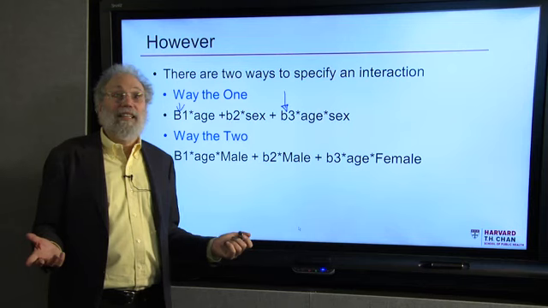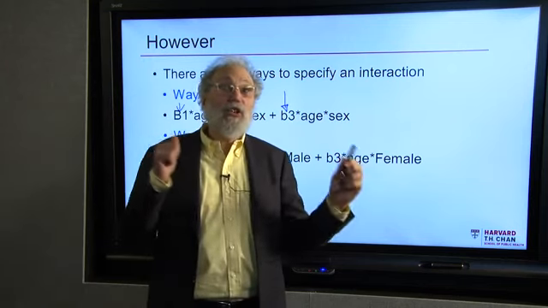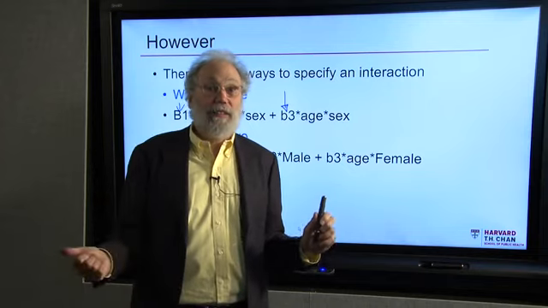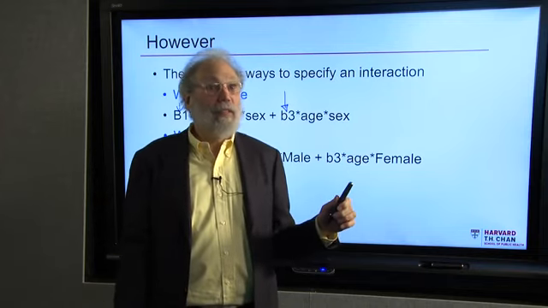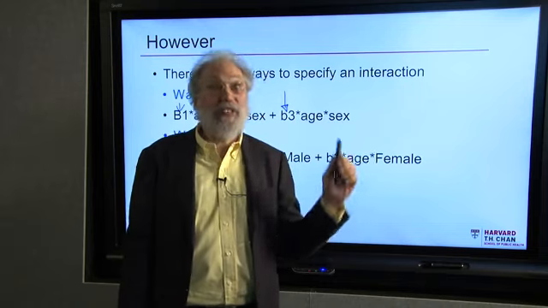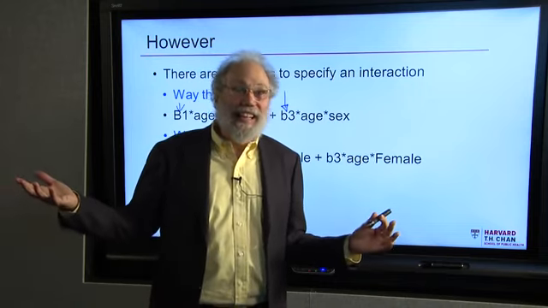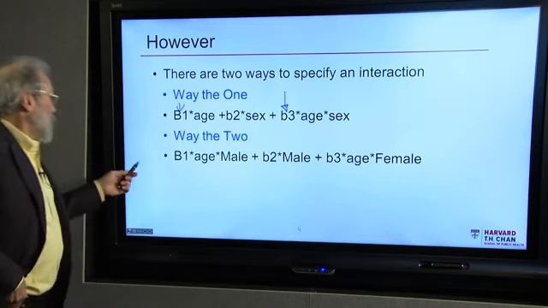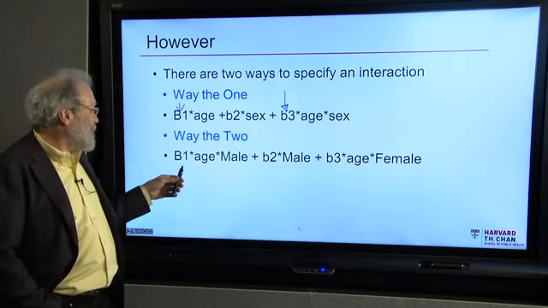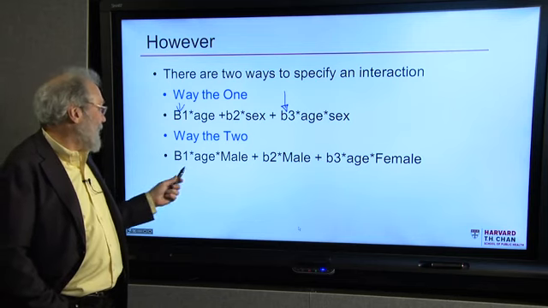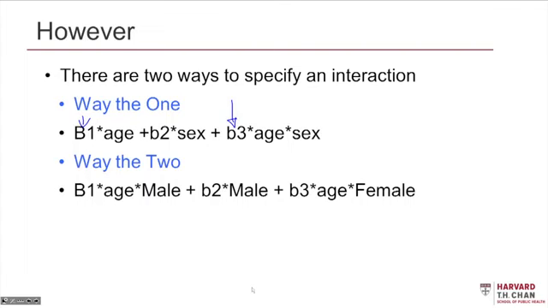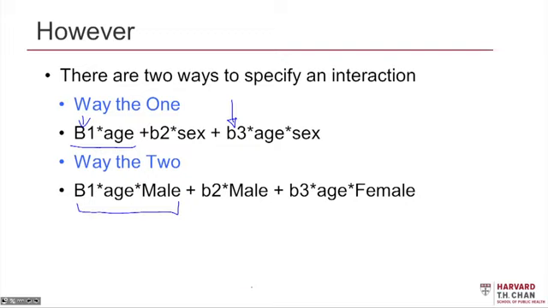But I could also create two new dummy variables. Male, which is 1 if you're a male and 0 if you're not, and female, which is the opposite, right? And then I could use PROC GLM, for example, to fit this model, where I don't have a main effect of age. I just have the interaction term between age times male equals 1.